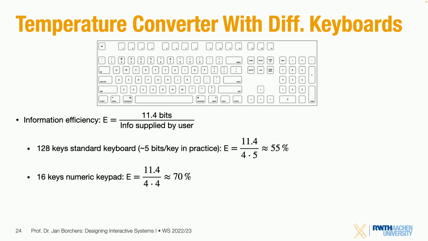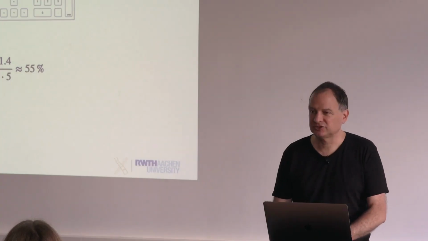And if you gave him a dedicated keypad that only had the 10 digits and the minus sign and the decimal point, and you removed everything else, you would have created, from this point of view, the perfect input device for the task. Because there are no keys on there that you don't need. Right? So every key matters, and it brings up then the information efficiency to 80%. Not 100% because they're not all equally likely to be used, but you would be at roughly 80%.